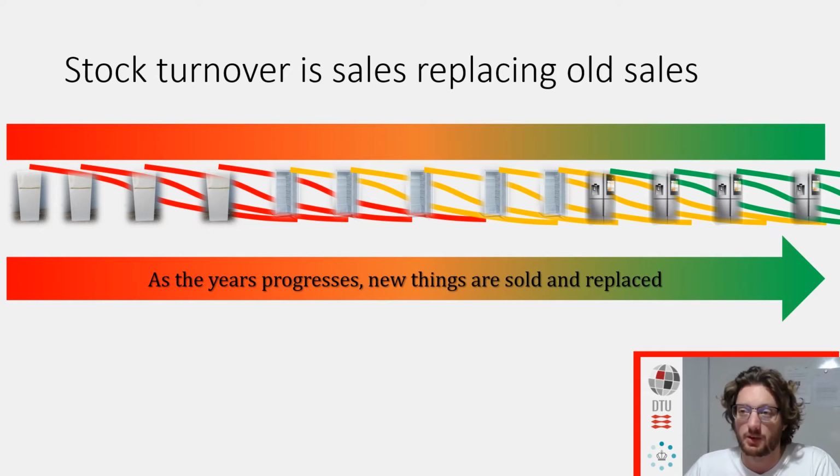Again, as the years progress, especially old things that have degraded are replaced by brand new things, which means it's not just a linear replacement happening from one year to the next. It might be a very inefficient product being replaced with a brand new, very efficient product, or maybe even with a different technology. And that is very difficult to accurately tell using just averages.